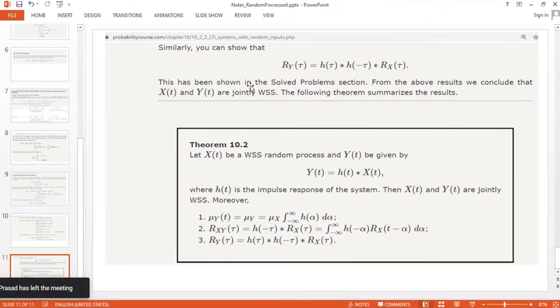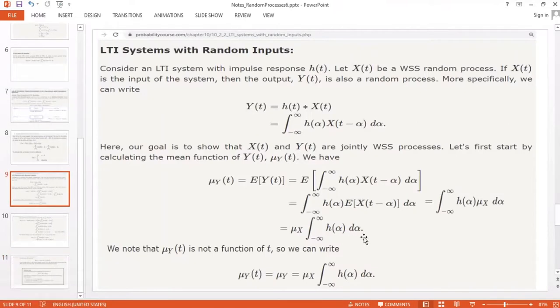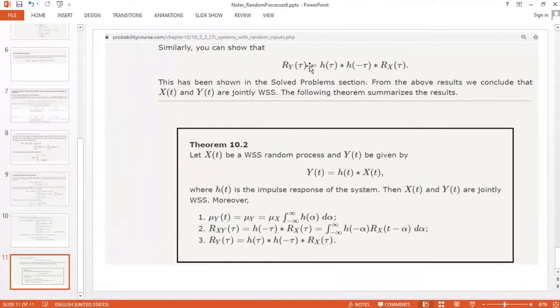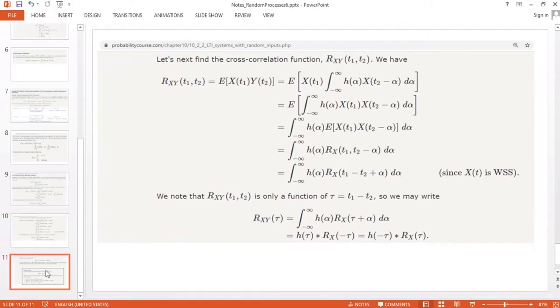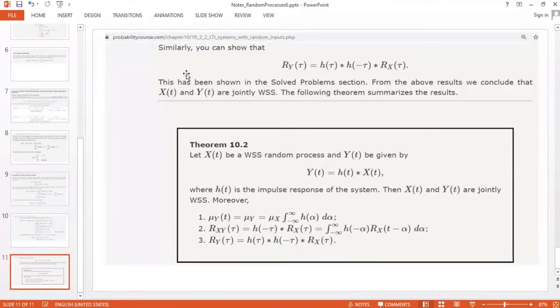So here we see that this mean function of y is independent of time. One thing. Second, its autocorrelation function of y is again a function of time difference. Third, the cross correlation function of x and y is also a function of time difference. So it means our x(t) and y(t) are jointly wide sense stationary processes.